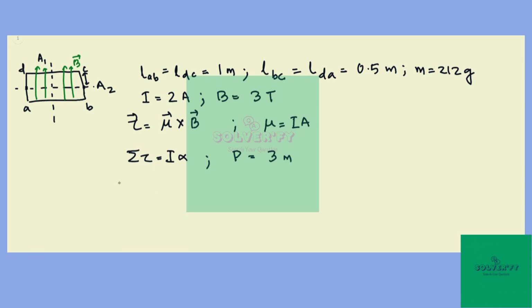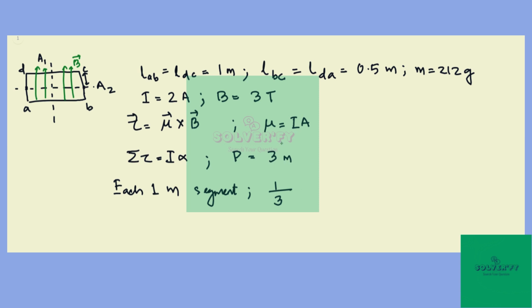So each 1 meter segment will have a mass of one third of the total mass. The 1 comes from the length of the segment, and 3 is the total perimeter.